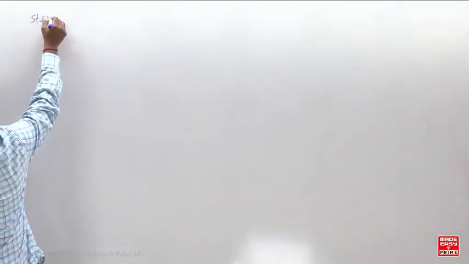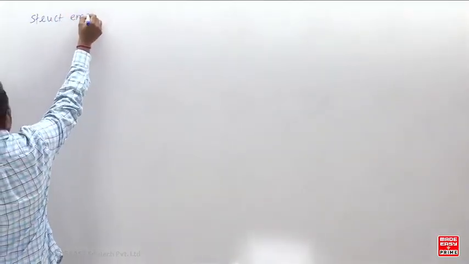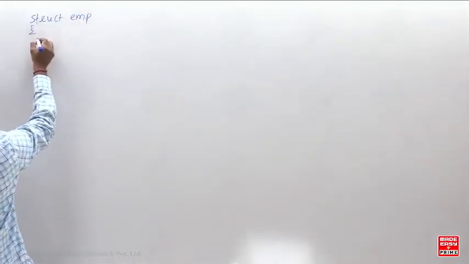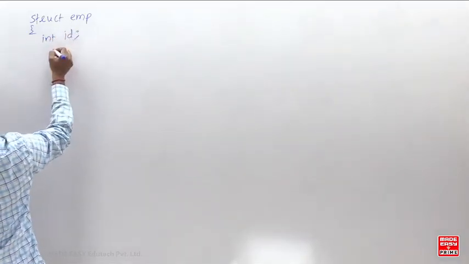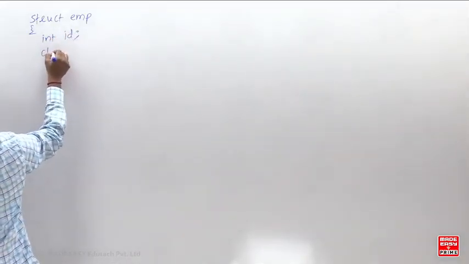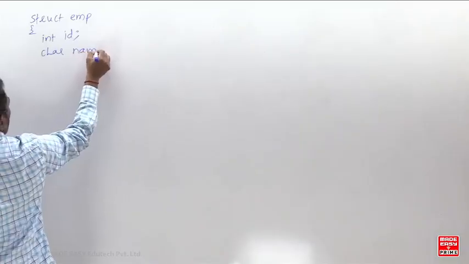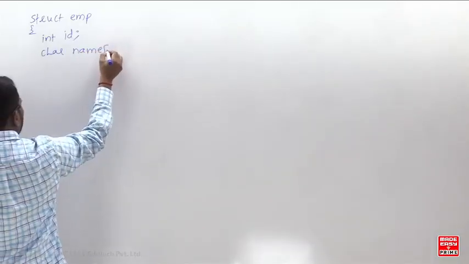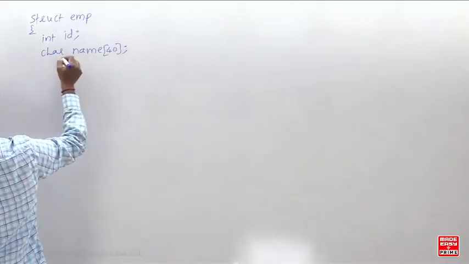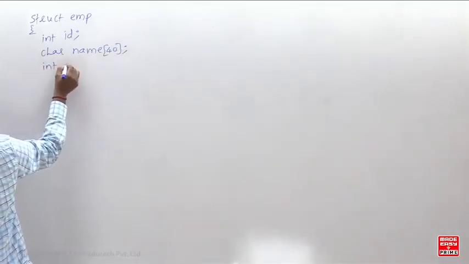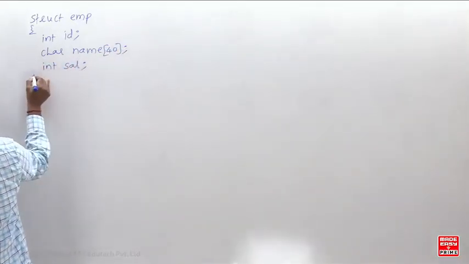Just copy this. Structure EMP: integer ID, character name of 40, integer salary.